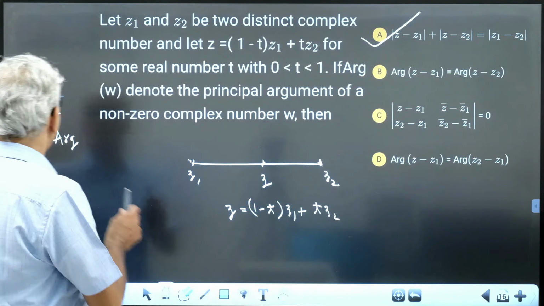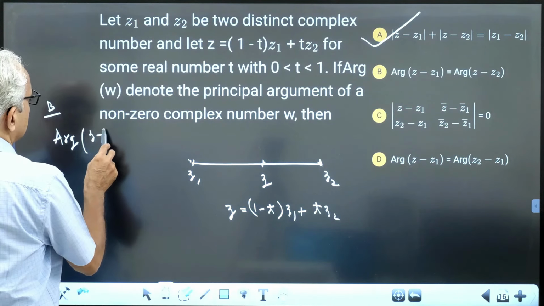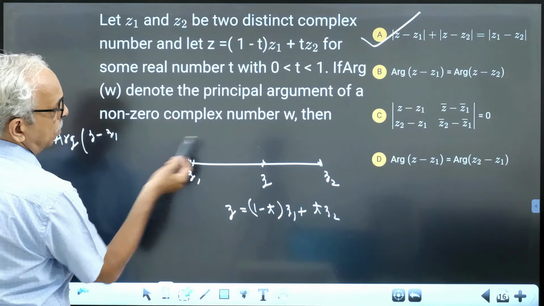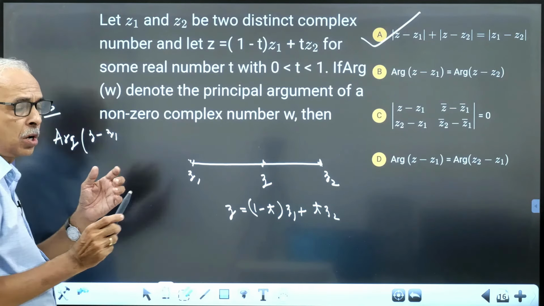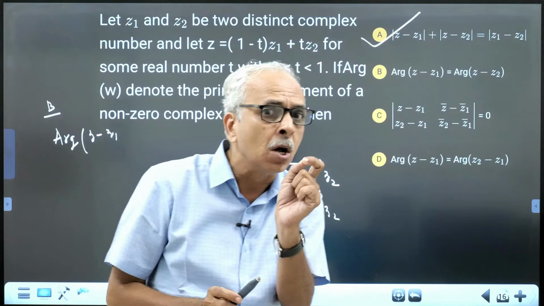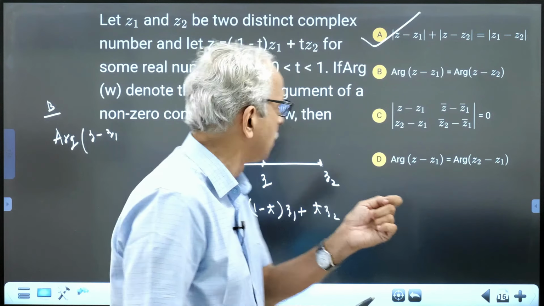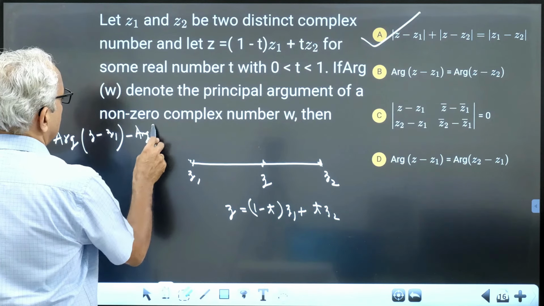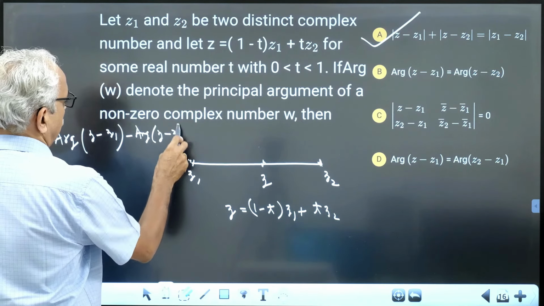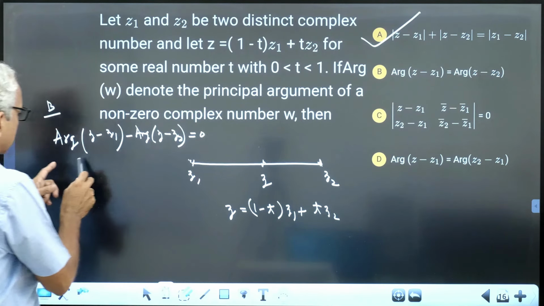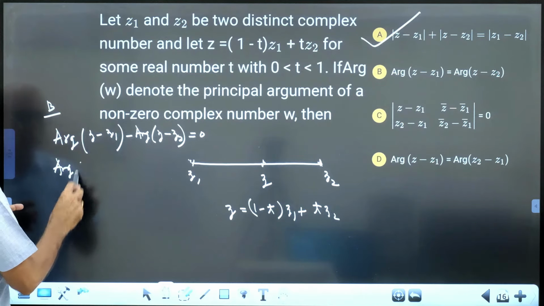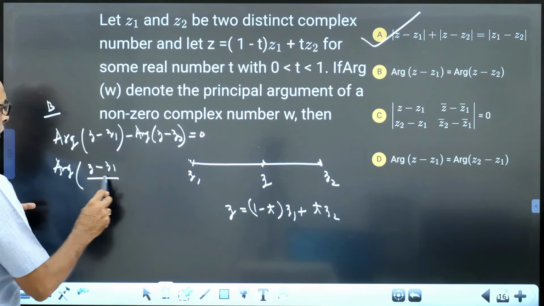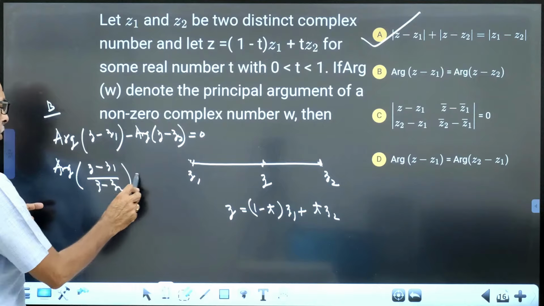You know argument of Z1 by Z2 is argument of Z1 minus argument of Z2. So argument of (Z minus Z1) minus argument of (Z minus Z2) is equal to 0. This means argument of (Z minus Z1) divided by (Z minus Z2) is equal to 0.